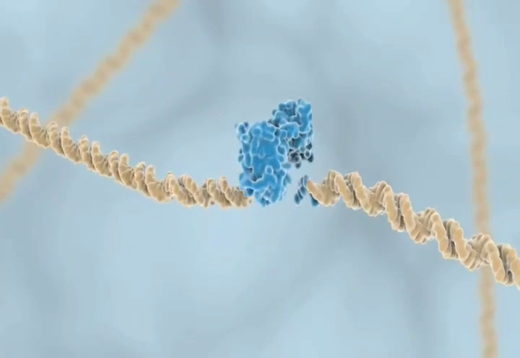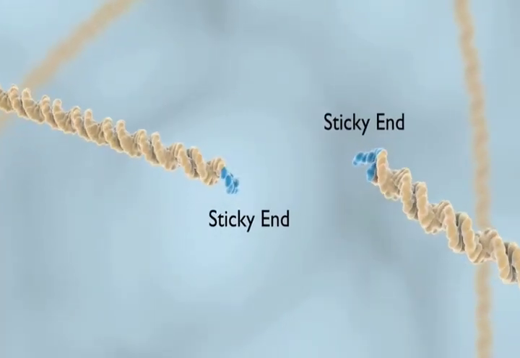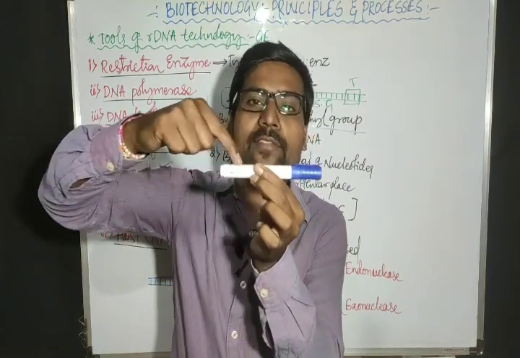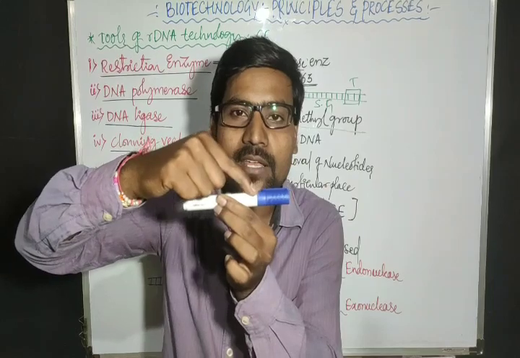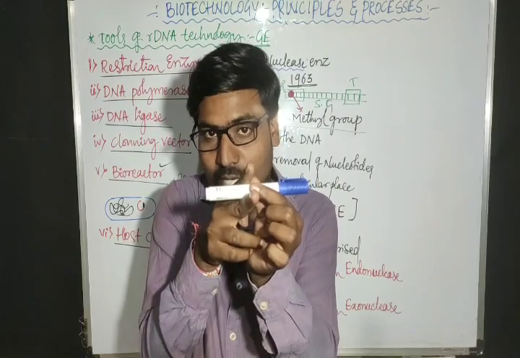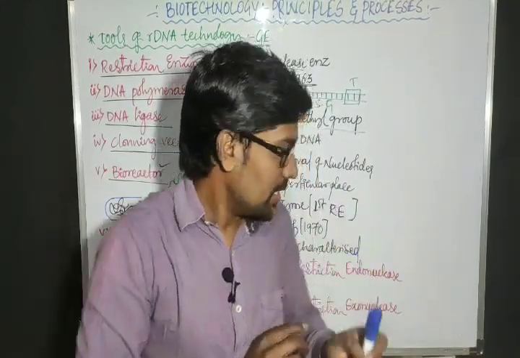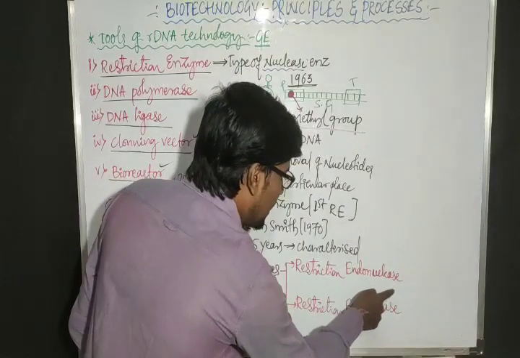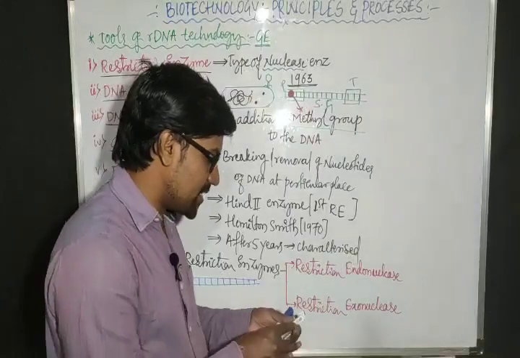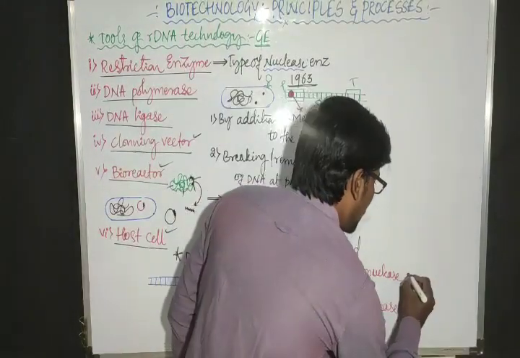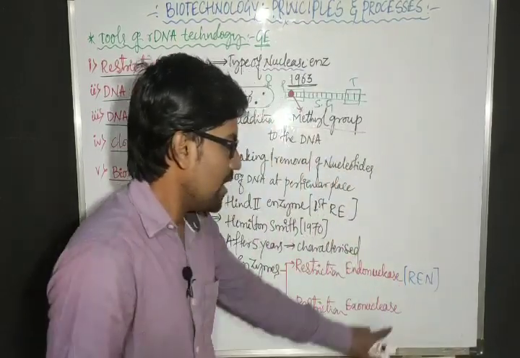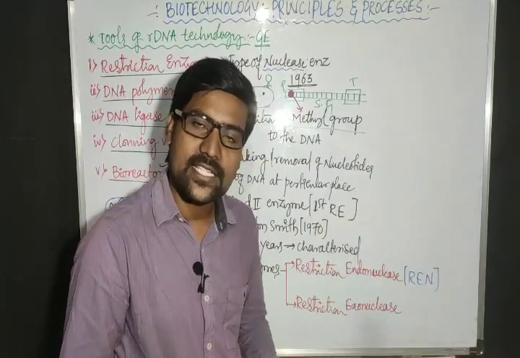Some restriction enzymes leave the DNA with uneven ends, also known as sticky ends.